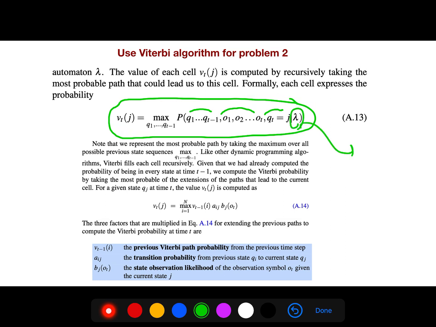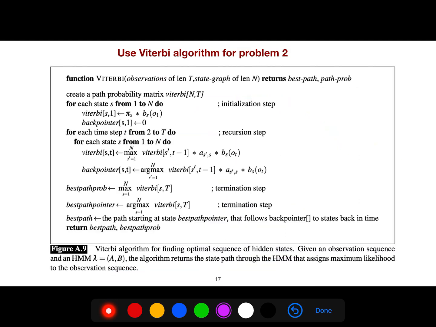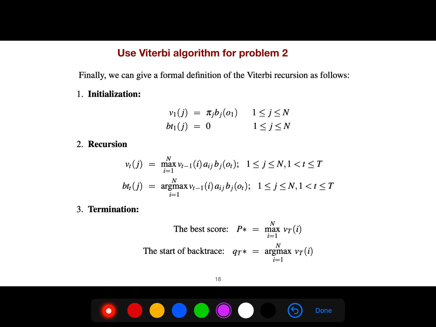Lambda, as I said, is A and B, transition and emission. Again, we need to create a recursive formula, and this is that recursive formula. It's the same, but we also have a maximum. The intuition behind that is this.